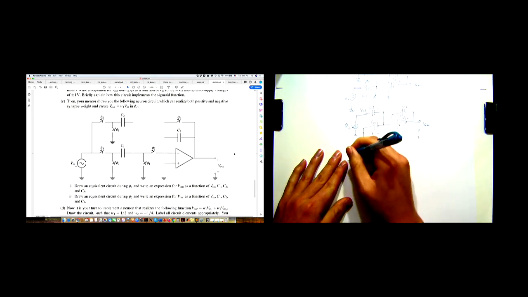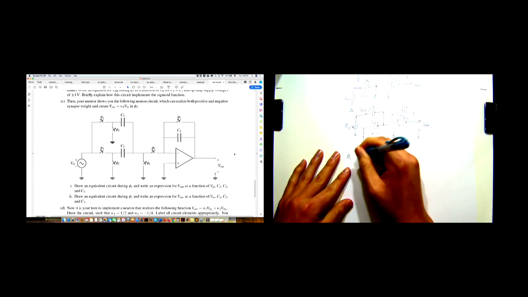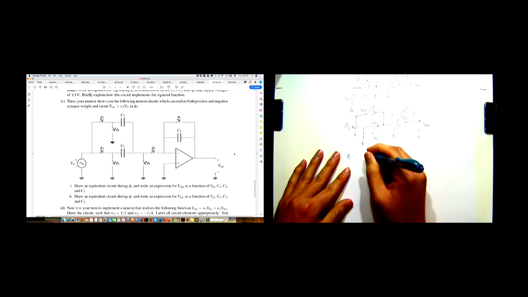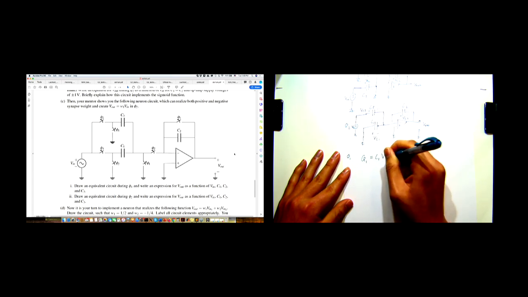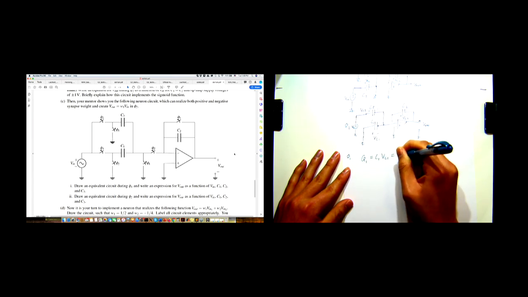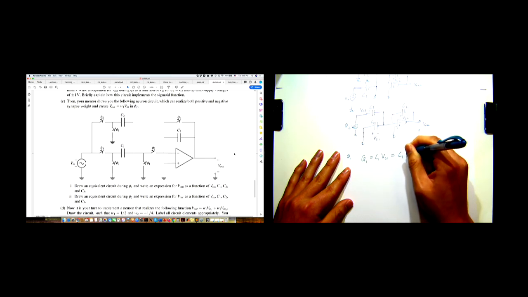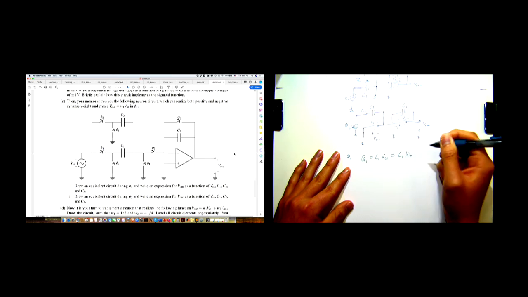And so now we find the charges on each capacitor in phase 1. So the charge on the first capacitor is this, which is V in.